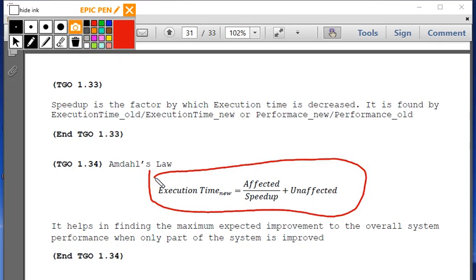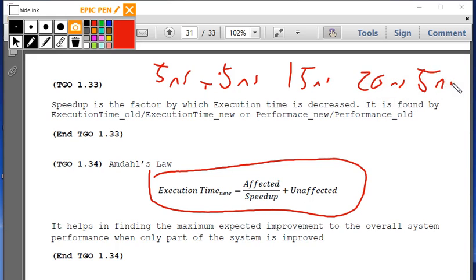So let's say I have an instruction fetch that takes 5 nanoseconds, instruction decode takes 5 nanoseconds, execution takes 15 nanoseconds, memory takes 20 nanoseconds, and write back takes 5 nanoseconds. So now I have 5 different stages of the data path.